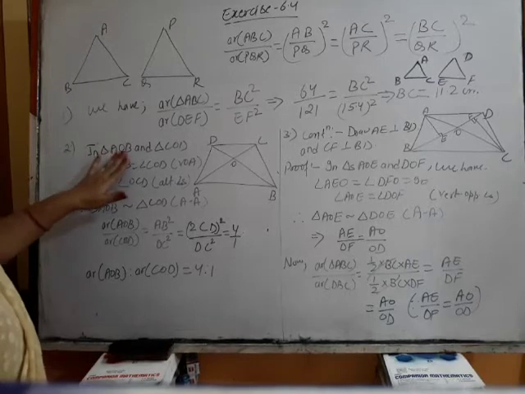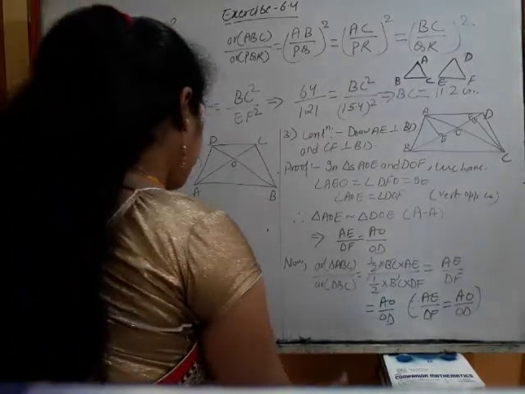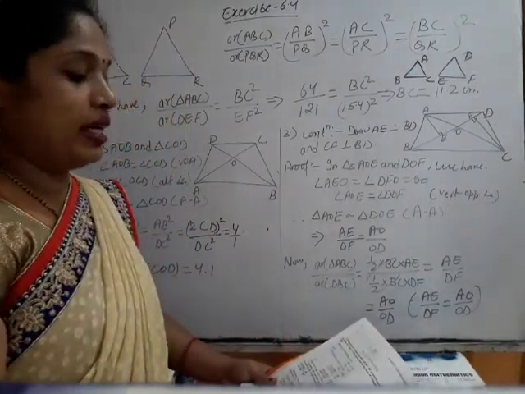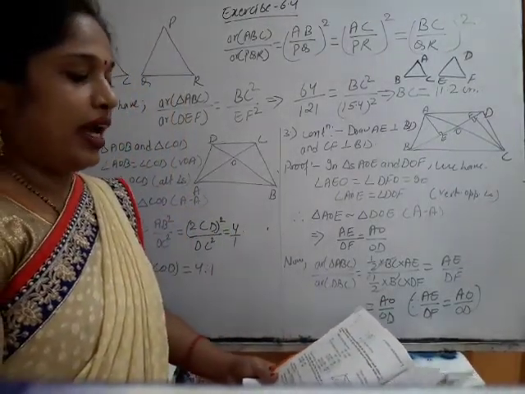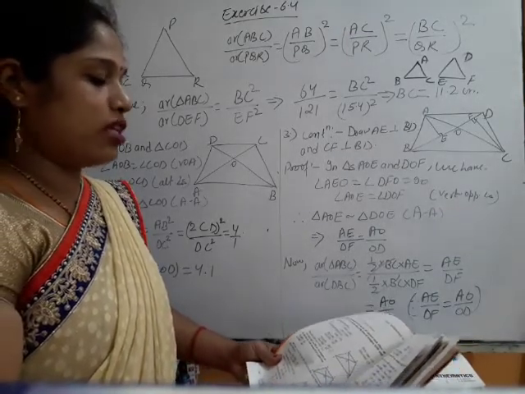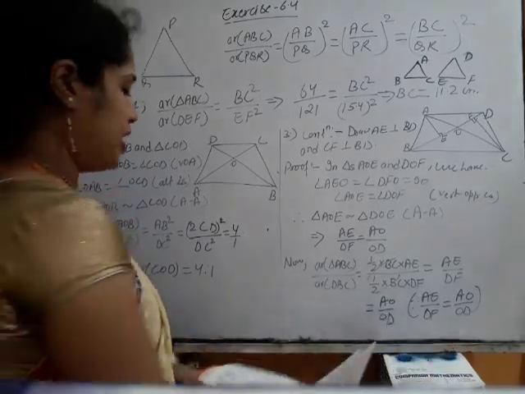Let us read the question first. Diagonals of a trapezium ABCD with AB parallel to DC intersect each other at the point O. If AB is twice of CD, find the ratio of the areas of triangles AOB and COD.